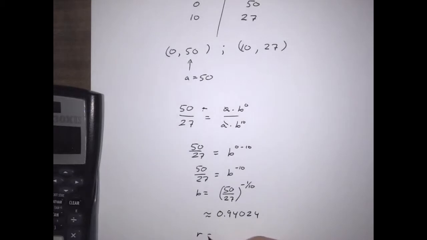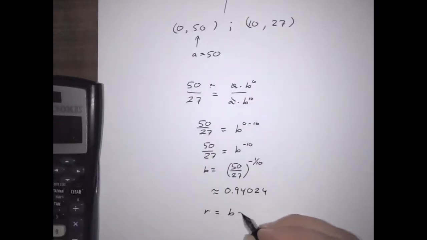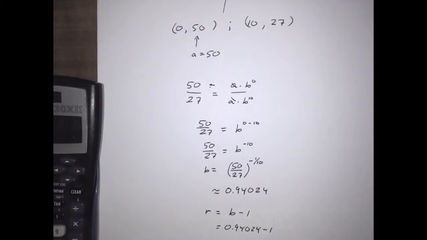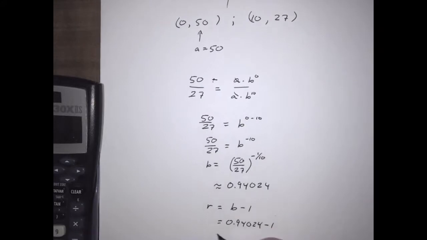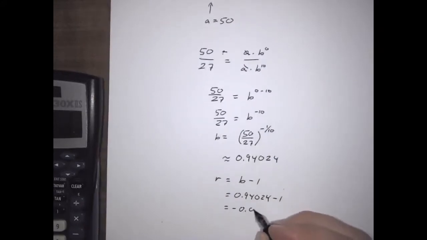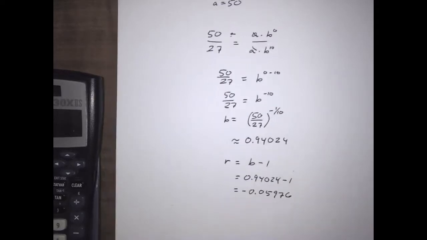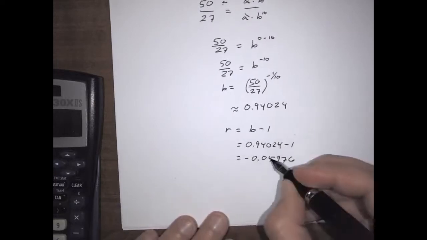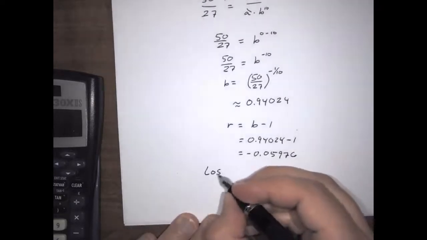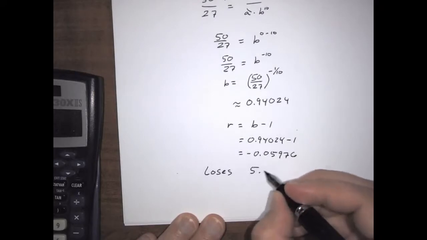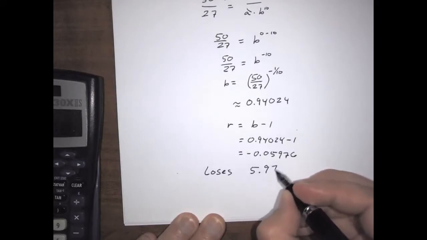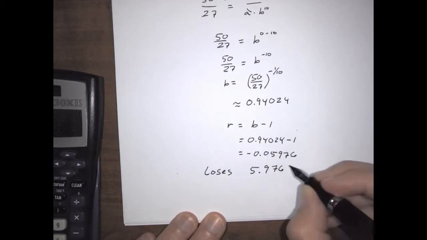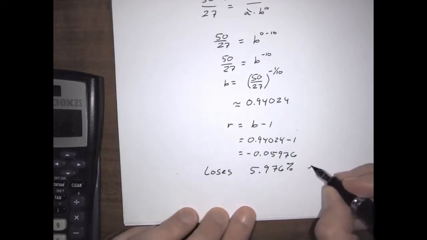Now r is equal to b minus 1. So that means r here is going to be 0.94024 minus 1, which is negative 0.05976. So it loses 5.976, I'm sorry, like that, percent each minute.